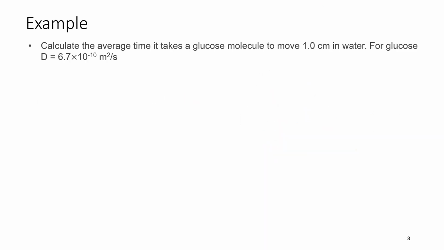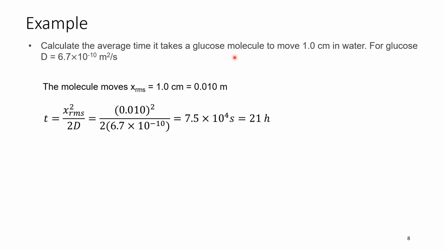Let's look at this example together. Since we know that the molecule moves 1.0 centimeter, which is 0.01 meter, we can rearrange the equation and get the time it takes equals x_rms squared over 2D, which is 0.01 meter squared over 2 times the D given here, and we get 21 hours.